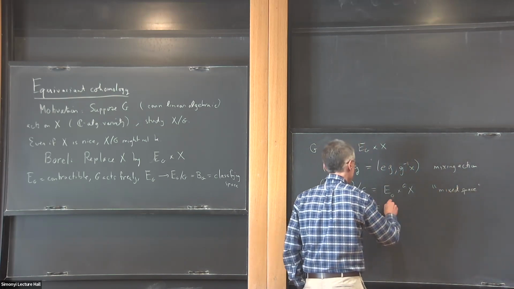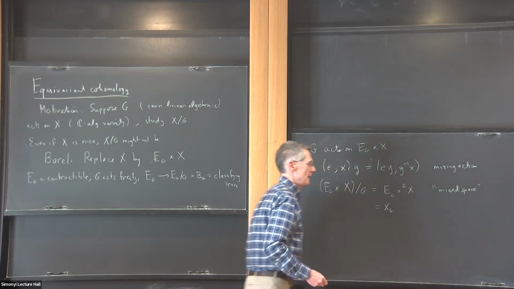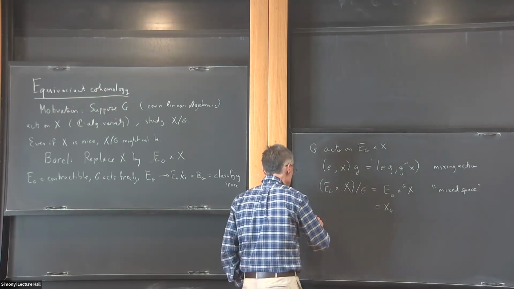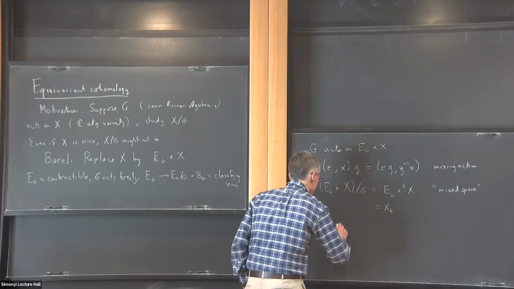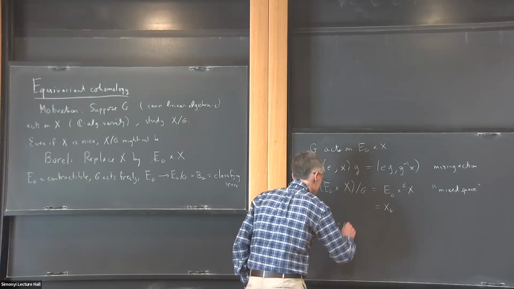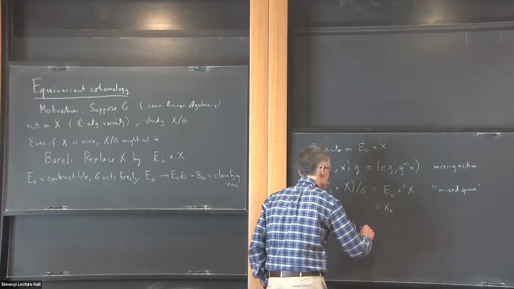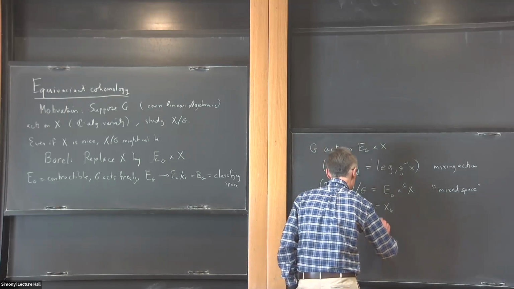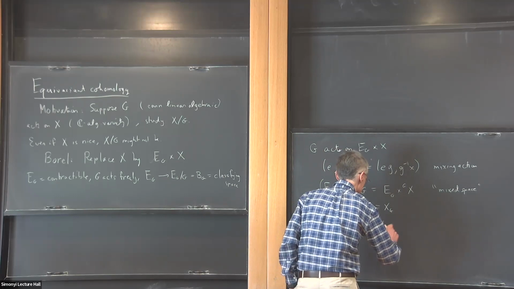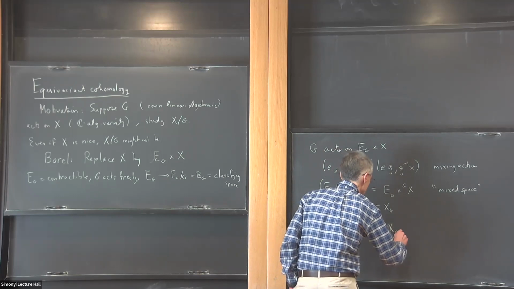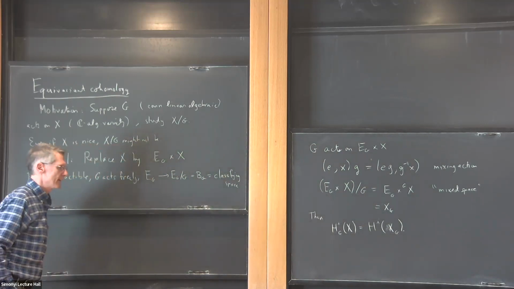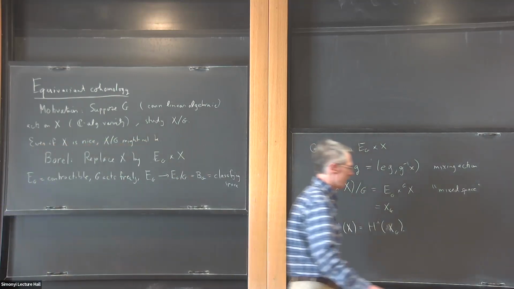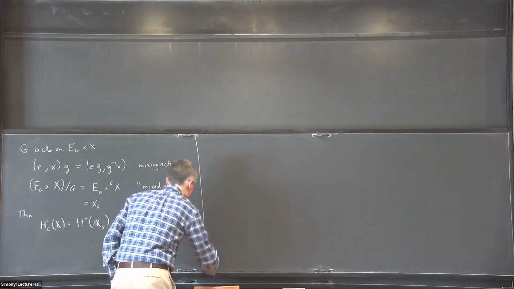I'll denote this by X lower G. Then by definition, the ith equivariant cohomology group of X is the ith cohomology group of X_G. At some point I'll switch to rational coefficients. It's not really necessary now, but for certain things it might be.